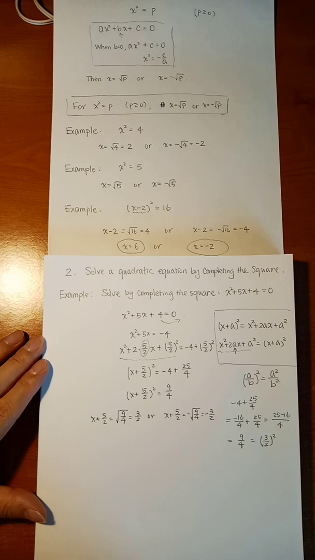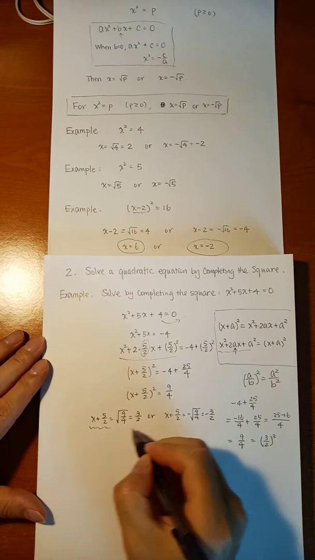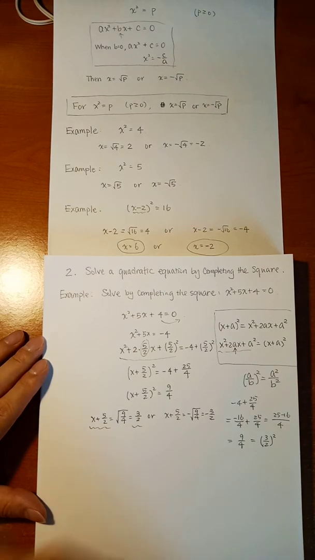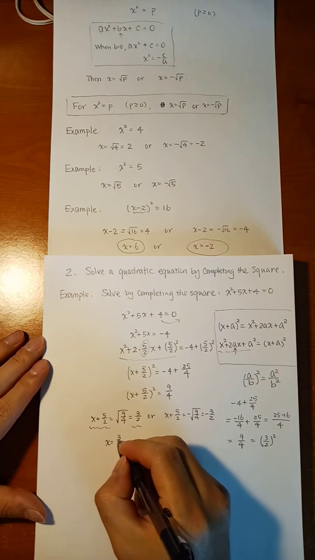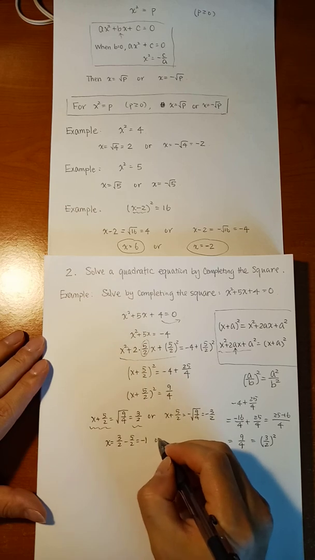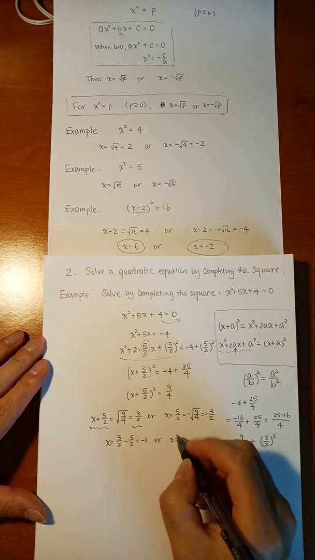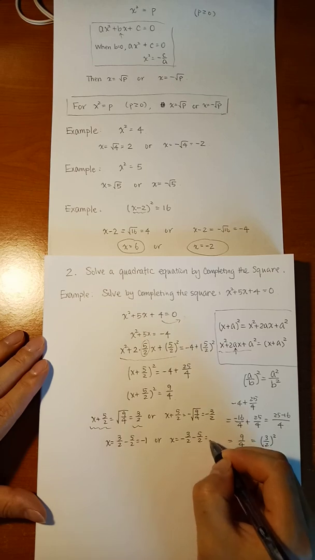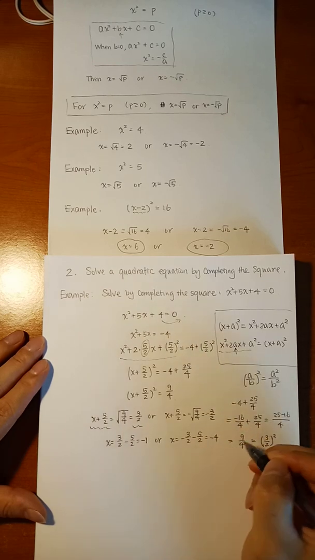From here, x plus 5 over 2 is equal to 3 over 2, then x is equal to 3 over 2 minus 5 over 2, which is negative 1, or x is equal to negative 3 over 2 minus 5 over 2, which is negative 4.